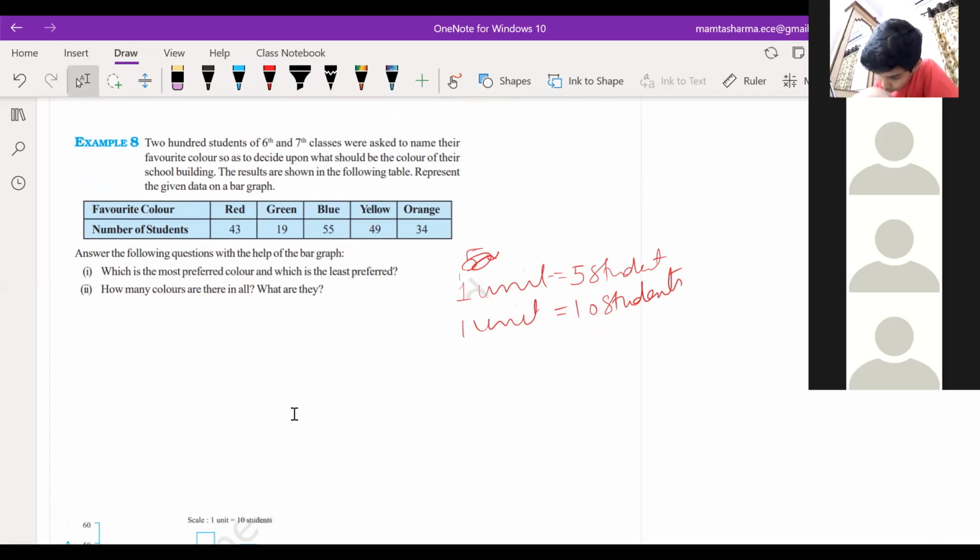Plot this graph first and tell me which is the most preferred color. Without plotting the graph you can tell, but since the question says to plot the graph, you have to. If it comes in an objective type question, there is no need to plot the graph. You can directly tell.